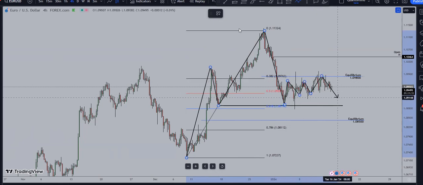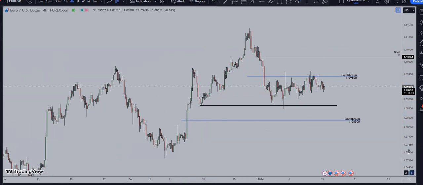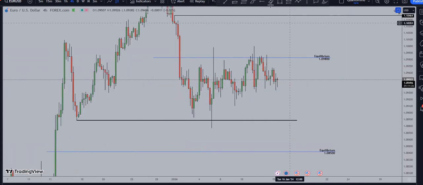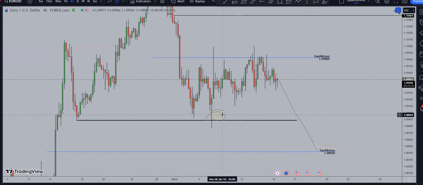right? So we know for a fact that because of the way that this candle rejected, it gives us a higher probability that it's going to go to the equilibrium price of 1.8500, right?